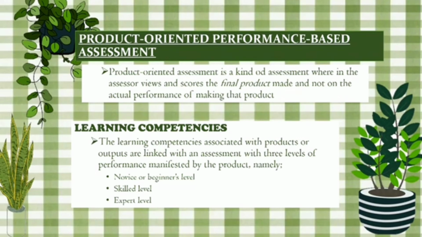Also, product assessment focuses on evaluating the result or the outcome of a process. The learning competencies associated with products or outputs are linked with an assessment of three levels of performance manifested by the product, namely novice or beginner's level, skilled level, and expert level.